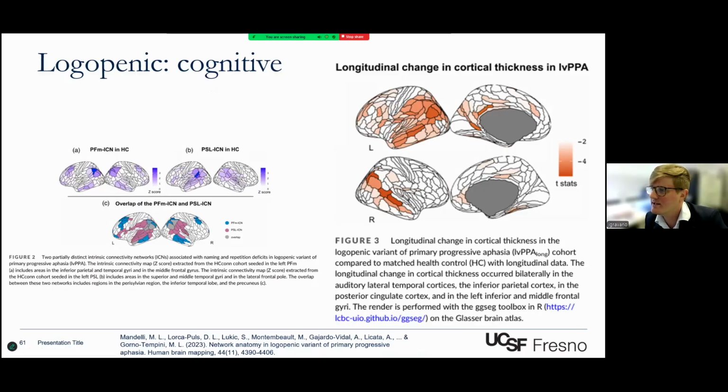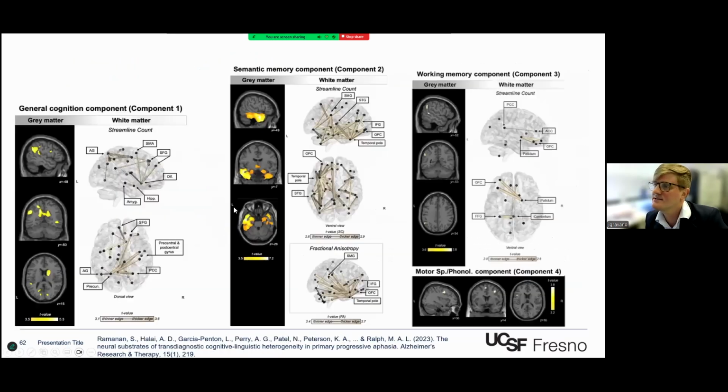So you're looking at some of the overlaps and differences there. Not surprisingly, when you have involvement in systems that tend to produce naming deficits versus fluency deficits, you can have some heterogeneity in an individual, because where their pathology is localizing may be disrupting one or the other of these cognitive processes.